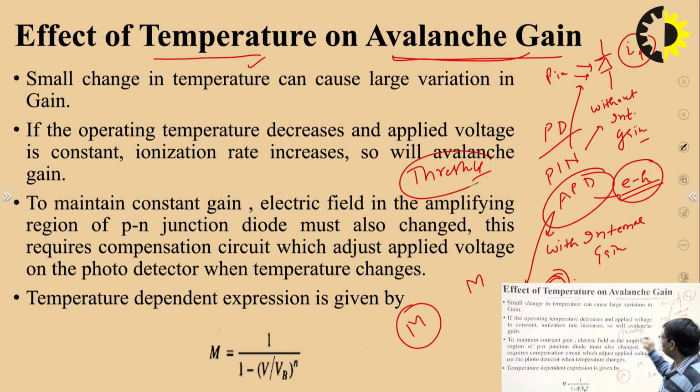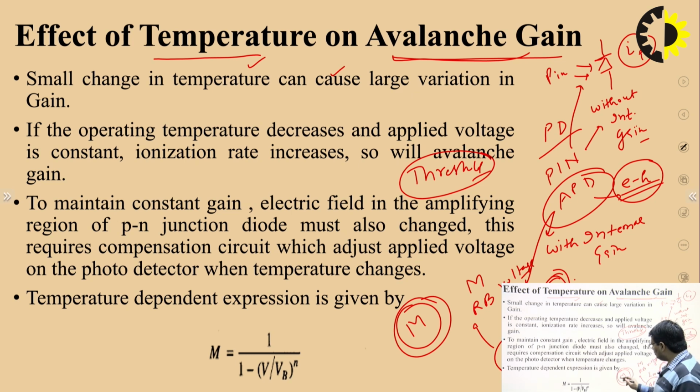As there is a change in the temperature, the gain of the system gets changed, and during the working of the APD diode we have also seen that the performance of APD also changes according to the applied reverse bias voltage.